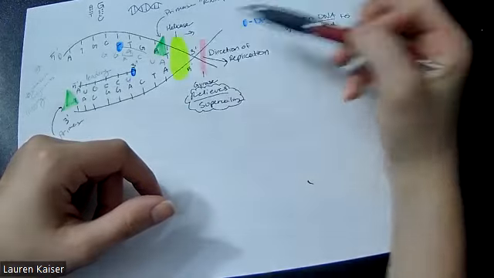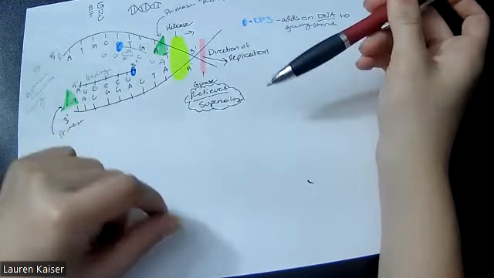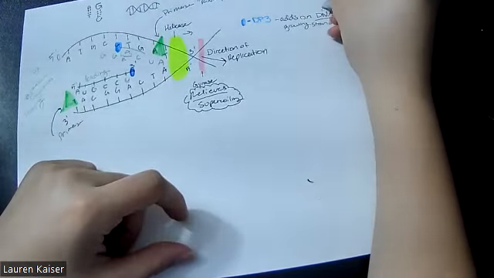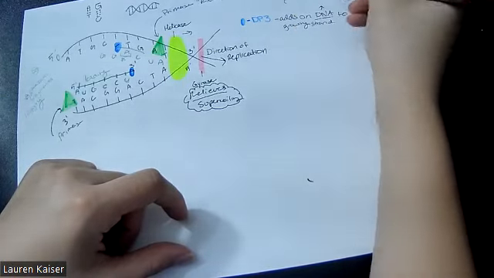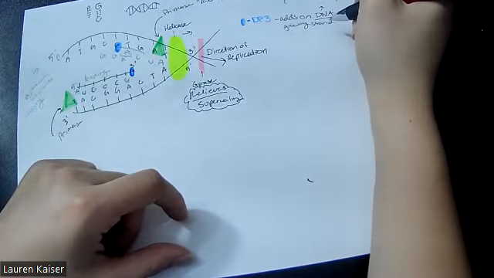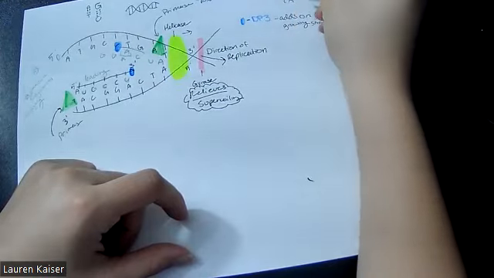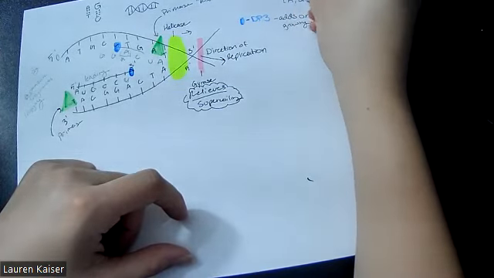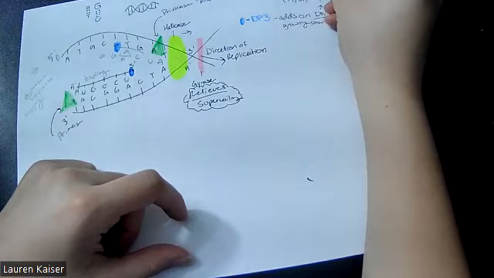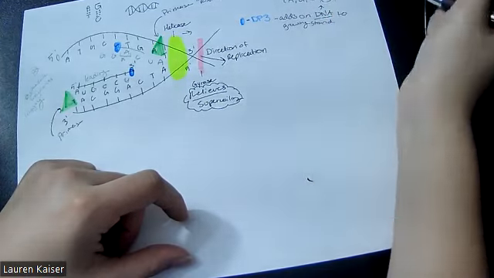So we have lots of players in action here. So let's break it down. DNA. What are our base pairs? A, G, C, and T.